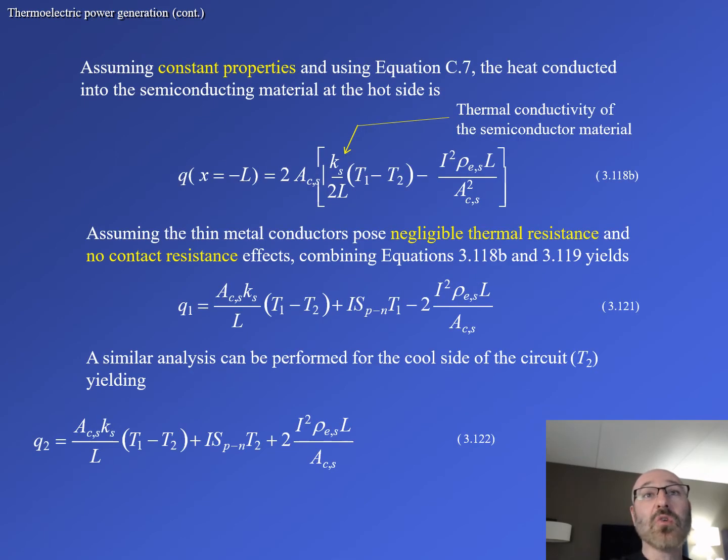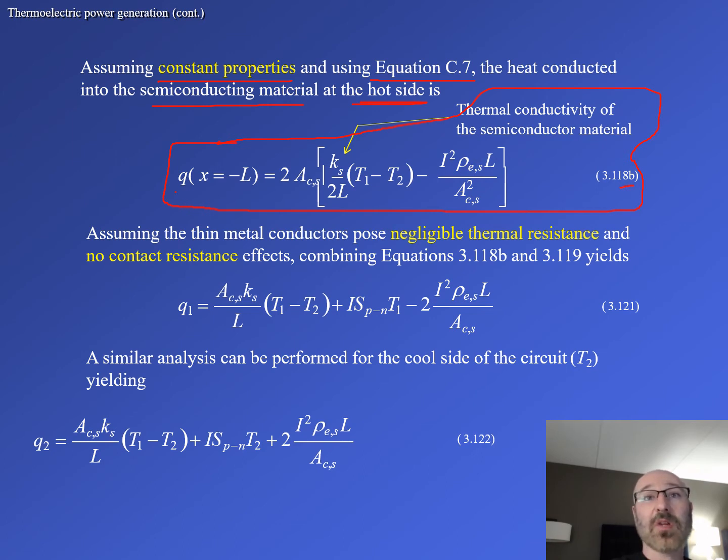So now if we assume constant properties and are using equation C7, the heat conducted into the semiconducting material at the hot side is given by the following equation, which comes from equation 3.118b in our textbook.